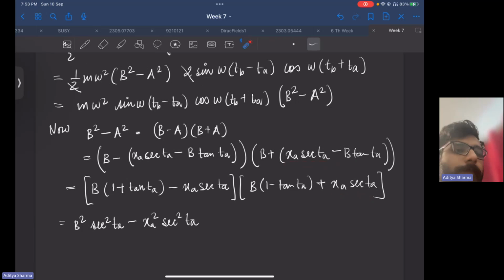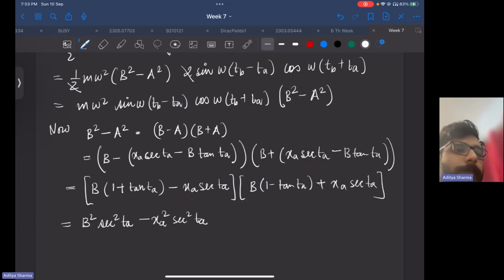And now this is, oh, okay. A minus b is some other thing is equal to this. This is my friend. B square sec square theta minus x square sec square theta.